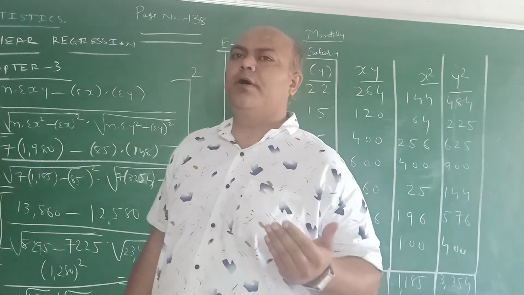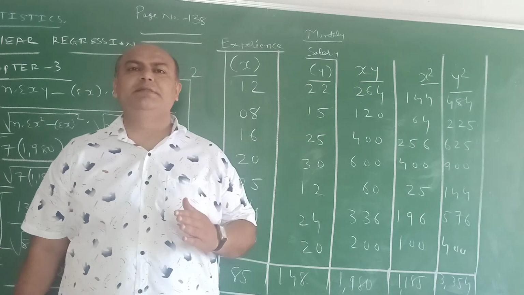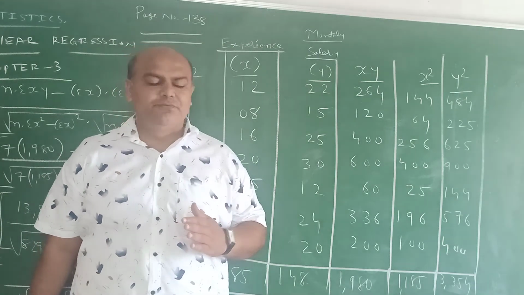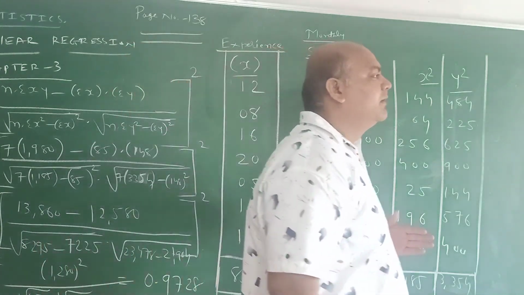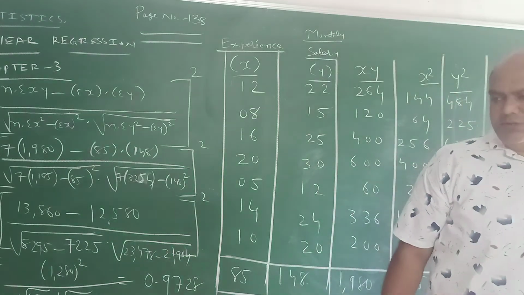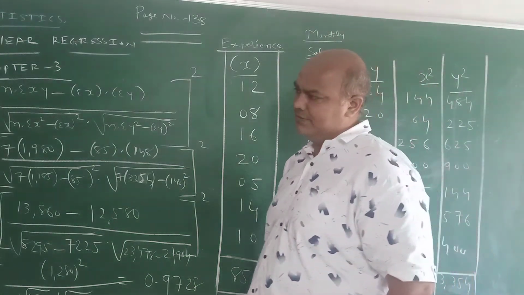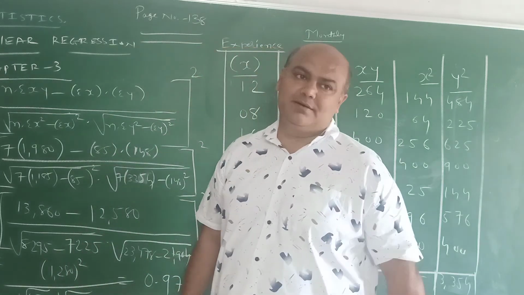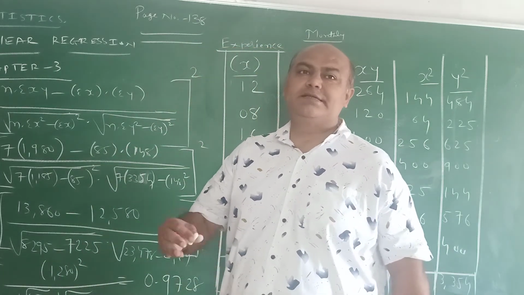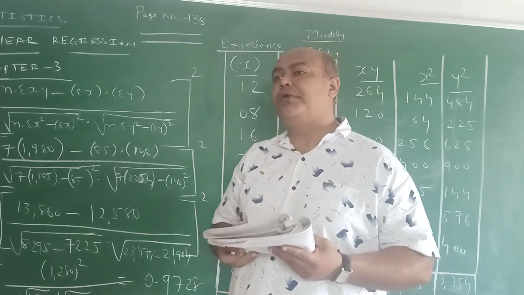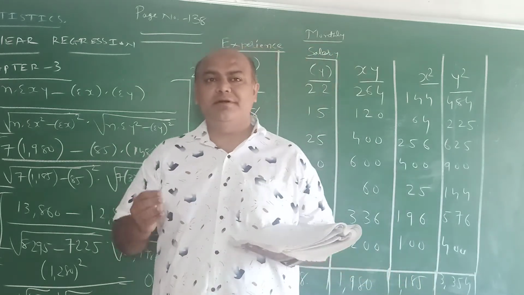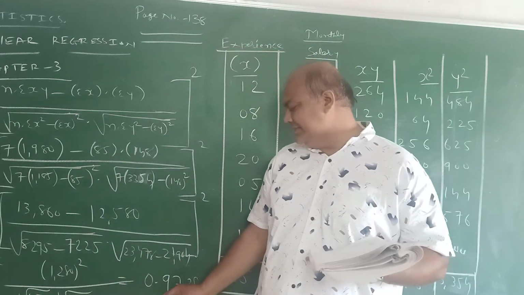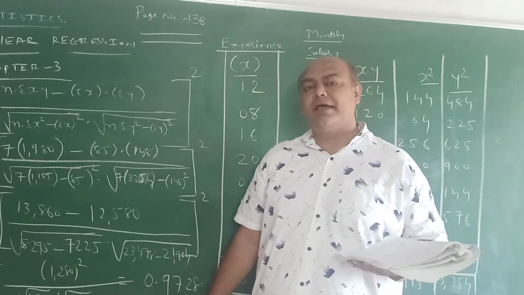As I explained earlier when I began this video lecture, if the coefficient of determination is nearer to 1, then the estimation of regression is reliable. We have to check the reliability, and if the answer is nearer to 0, then it is not reliable.